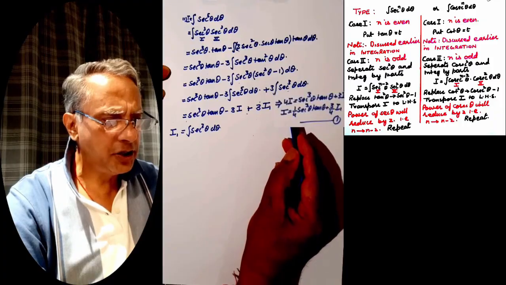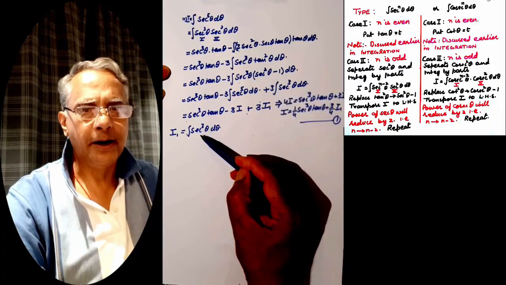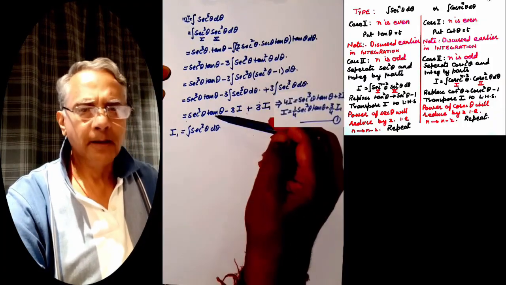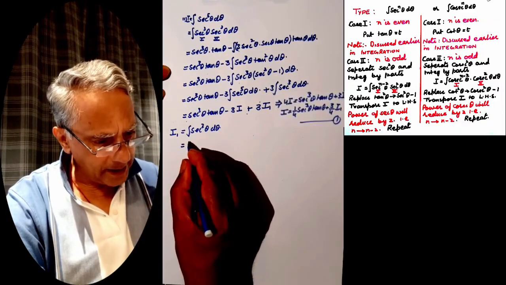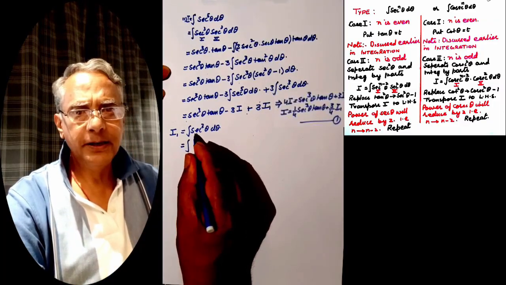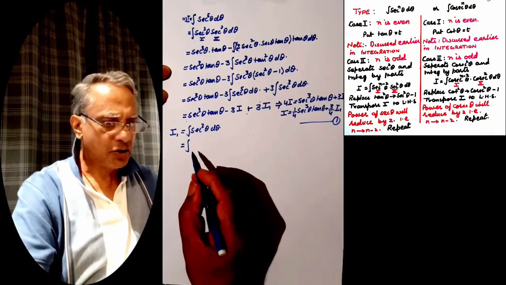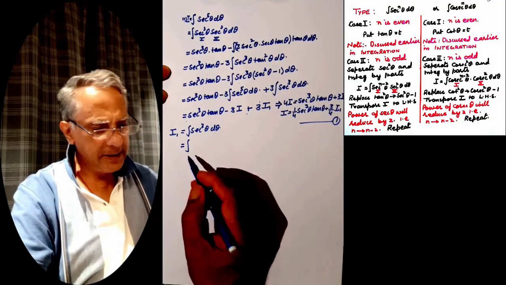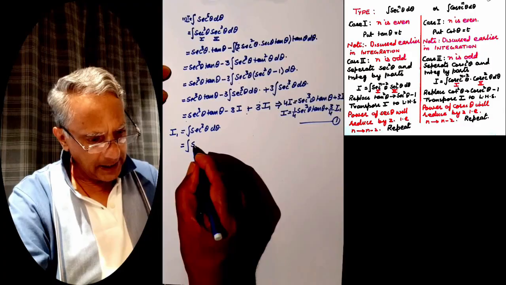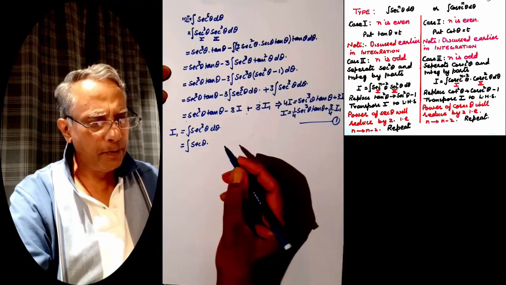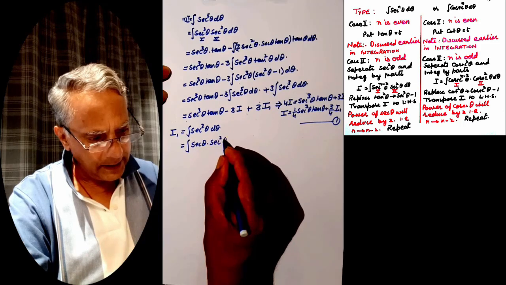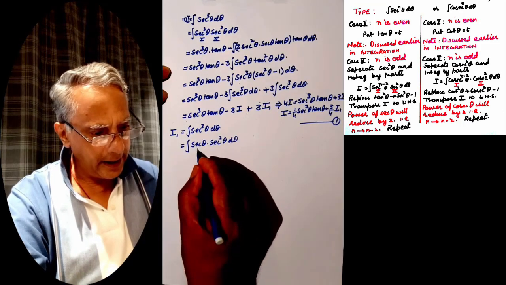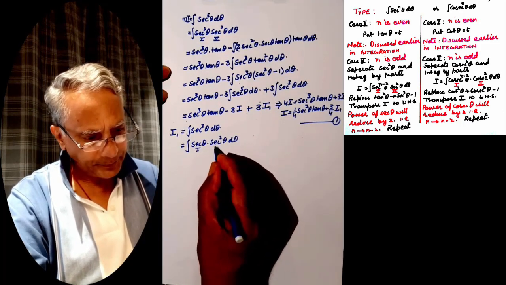We will evaluate secant cube theta separately using the same process. What we do is we will separate two powers of secant cube theta. Now secant cube theta d theta is equal to secant theta, separate two powers, that is secant square theta d theta, and integrate by parts.